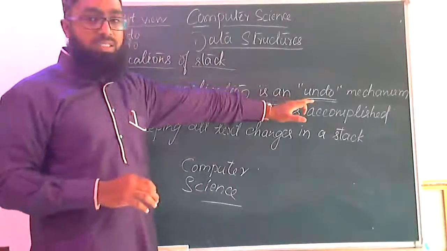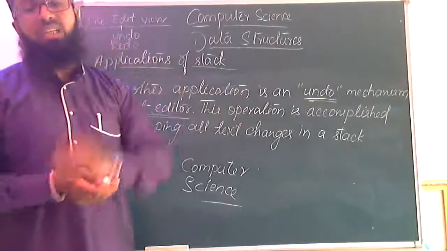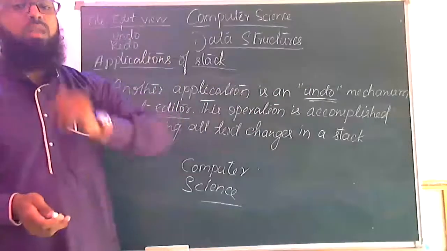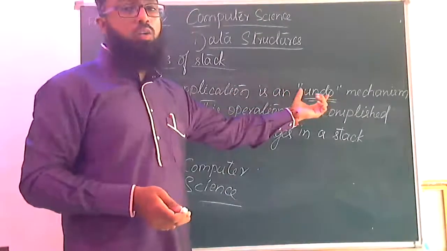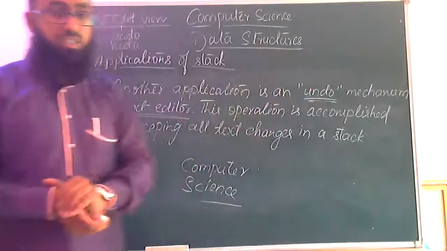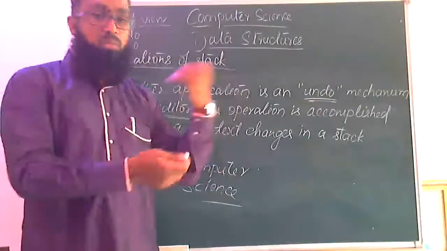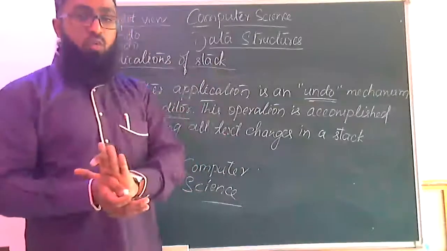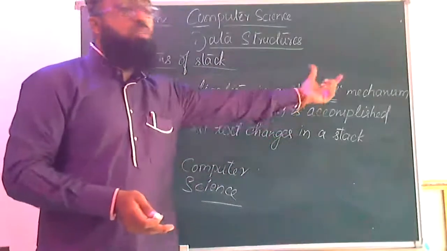Basically, undo means the things which we have done previously, we can bring back again and again. That is called undo. Or in other words, if we want to go back to a previous operation, the undo mechanism will work.